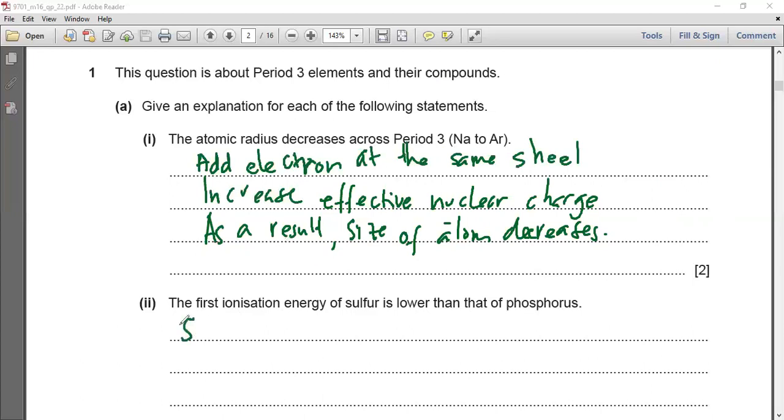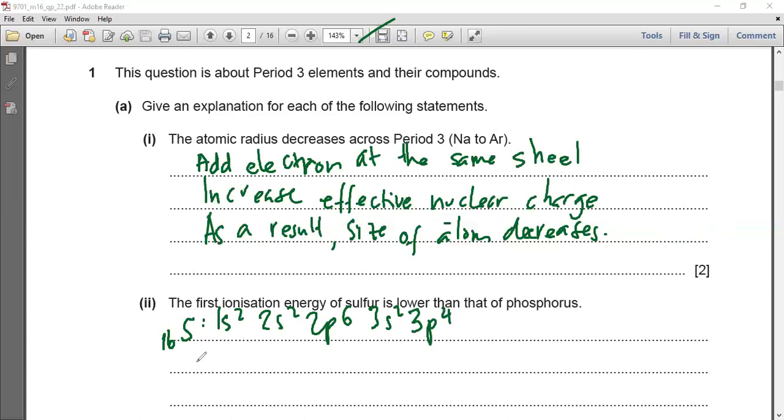Sulfur has 16 electrons, so if we write the electronic configuration of sulfur, you'll have 1s2, 2s2, 2p6, 3s2, 3p4.